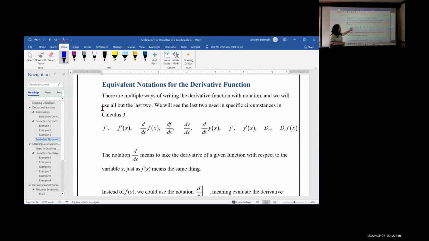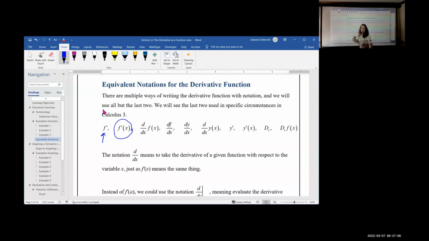So f prime of x is the one we've been using. That's this one right here. But if you drop the x part, you can just write it as f prime. Now, remember that this is the derivative function. And so you can also write the derivative function with a d by dx. This notation of d by dx means to take the derivative of the function with respect to the variable x.